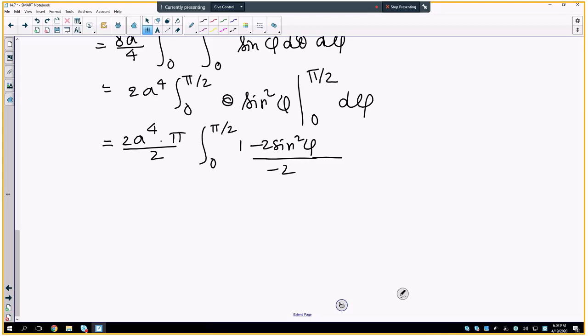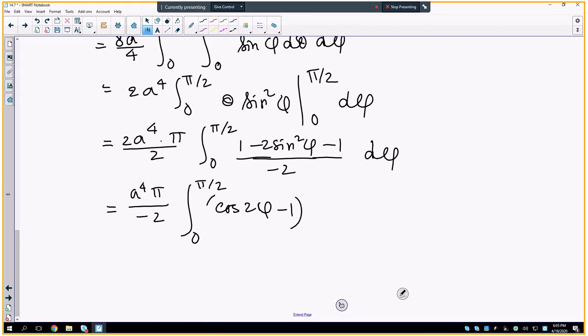Then you will add 1, subtract 1, and then you will have d phi. So 2 and 2 will cancel each other, and you can bring this negative 2 outside, so you get a to the power 4 pi over negative 2, 0 to pi over 2, cosine of 2 phi minus 1 d phi.